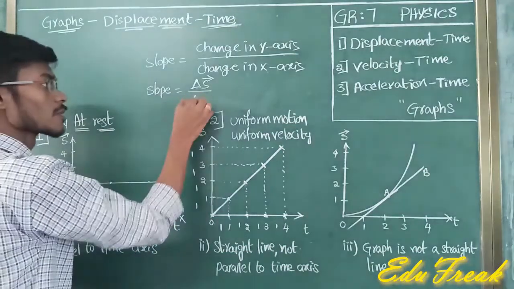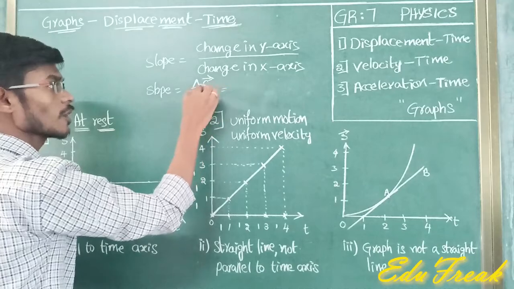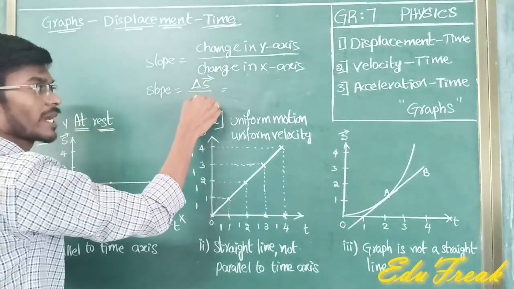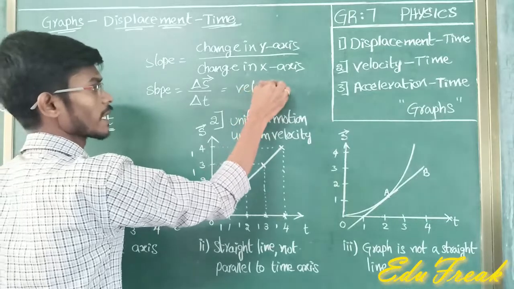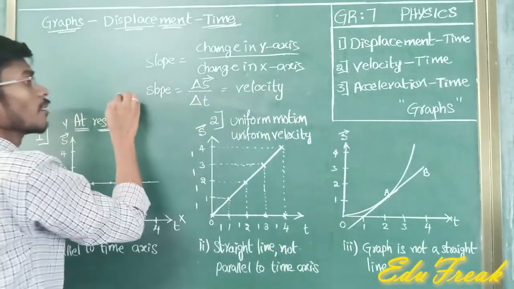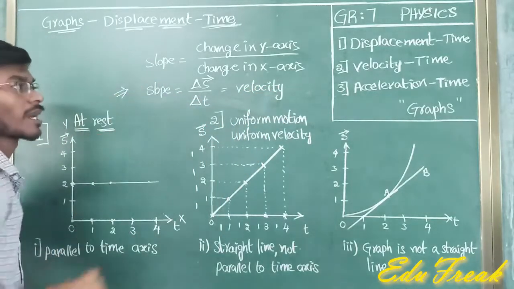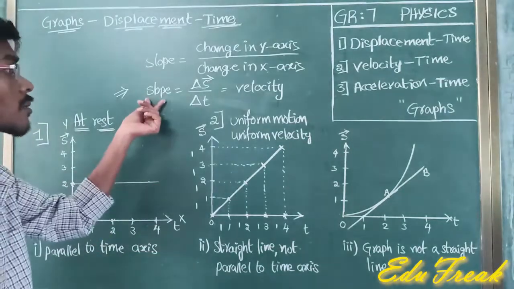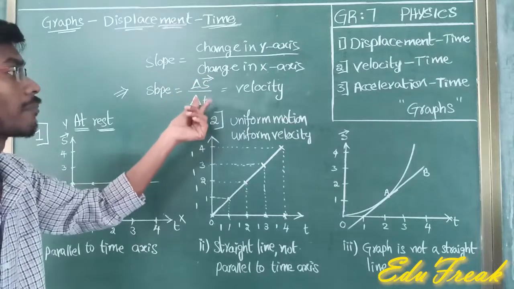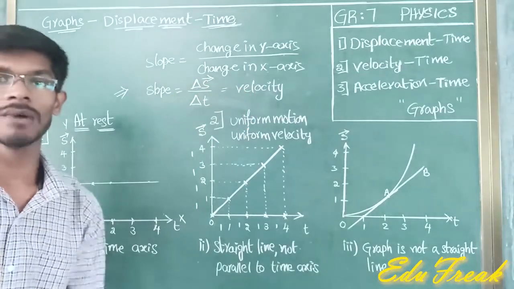Time alone, no? So delta t. So change in displacement with respect to time gives us what? Velocity. So here the slope of the displacement-time graph gives us velocity.